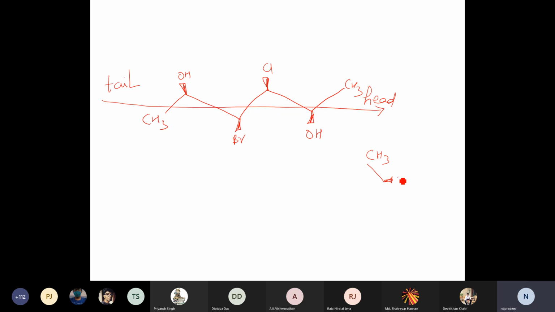This will be the OH, this will be the chlorine, this will be the bromine, and this will be again the OH and this will be the CH3. You're getting this? I have turned this from here to here to make it a straight line. That's all. Now you draw the hydrogens carefully.